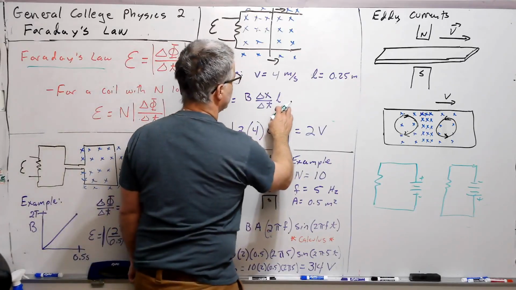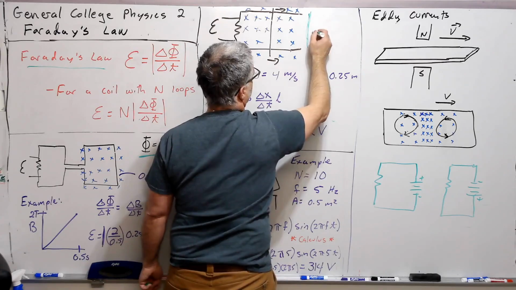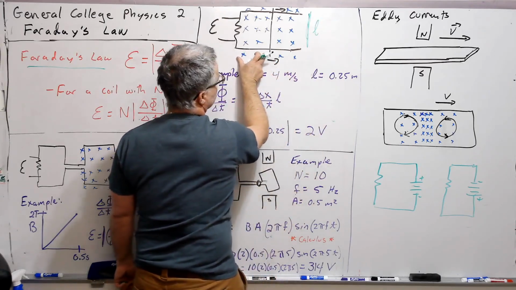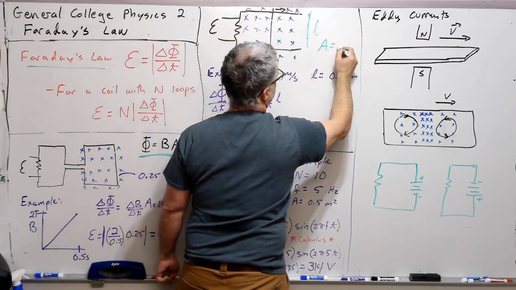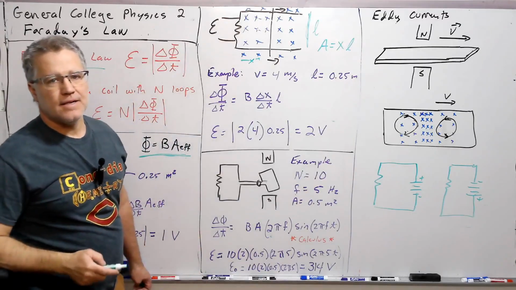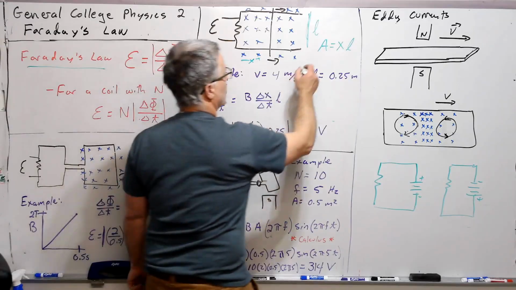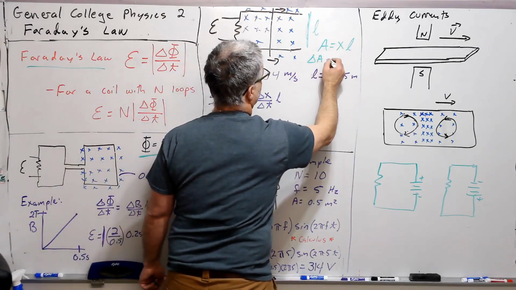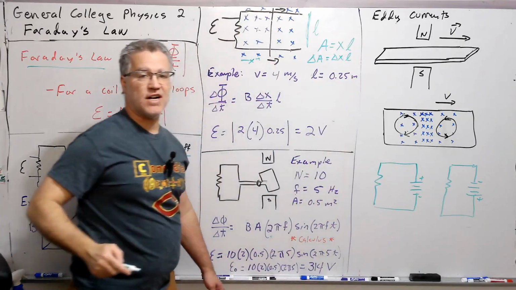And in fact, we need to look at this in a subtle way. This is the distance L, let's say, and this is the distance X. So the area here is X times L, right? But L is not changing, only X is. So if we're going to have a change in area, in this particular case, it's coming from a change in X, and the L is just constant.